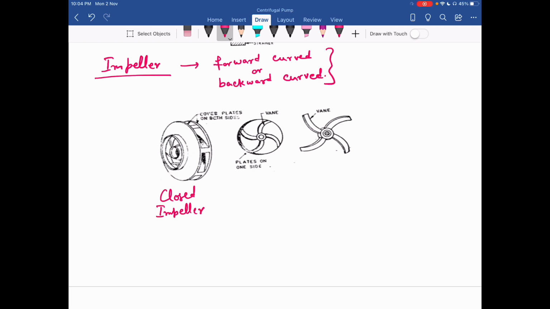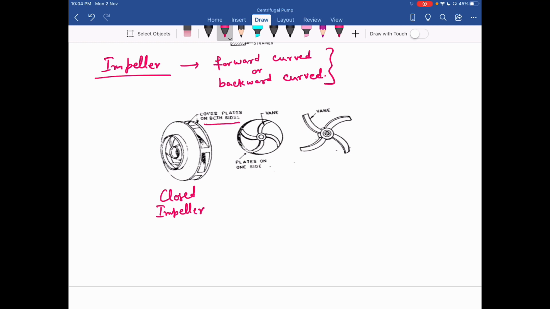So when the vanes of the impeller are covered with plates from both the sides, that we call as closed impeller.